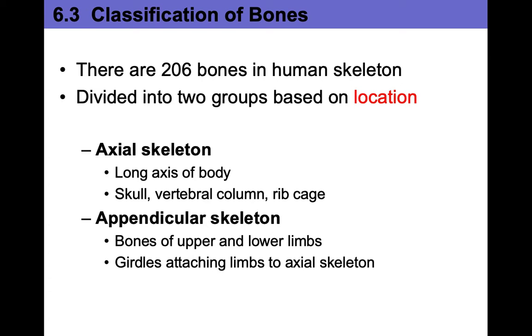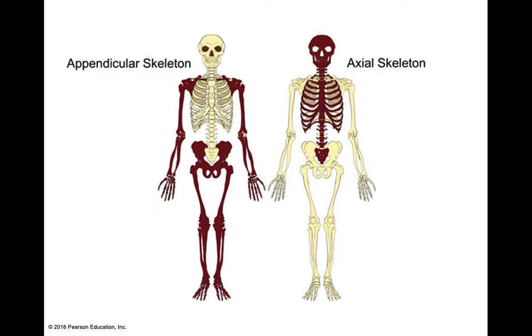Looking at it in this manner, you can see the breakdown. Appendicular, I always think of as peripheral nervous system, axial, central nervous system, right? So your central nervous system goes all the way down your vertebrae. As I leave, I have my appendicular skeleton. So these are the 2 major groups right here, and this is how you're either axial or appendicular.